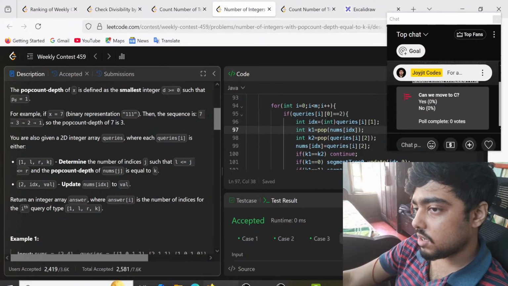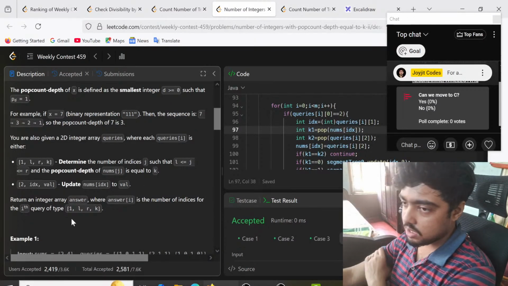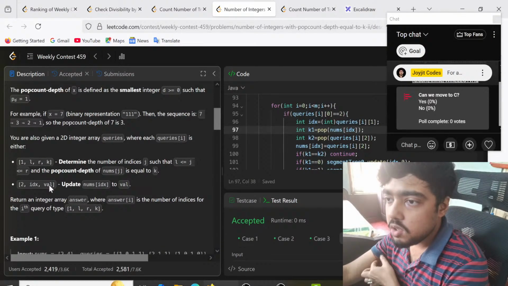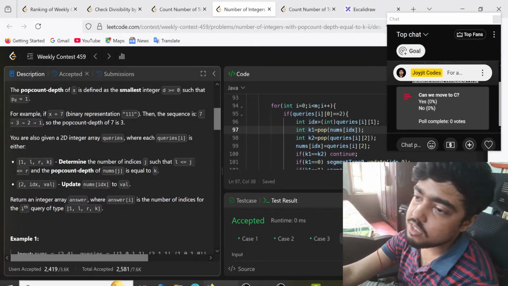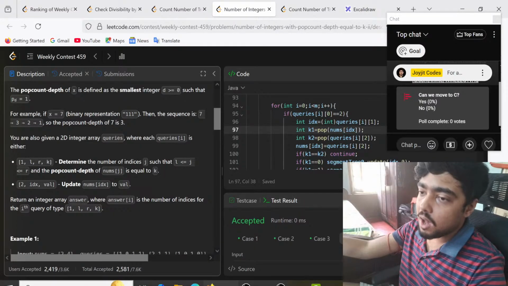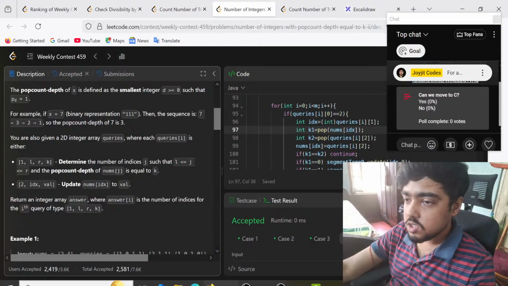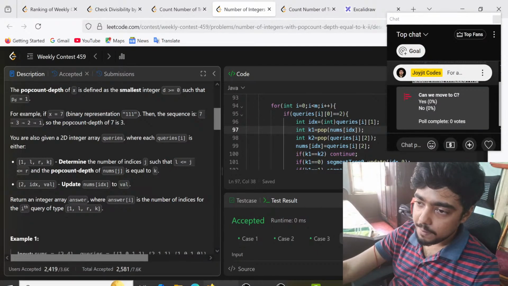I didn't go through the complex language that the question used, so I just explained it in simple words. You're also given a 2D integer array queries where each queries of i is either 1 L R k or 2 idx val. If it is 2, we update nums of idx to val.